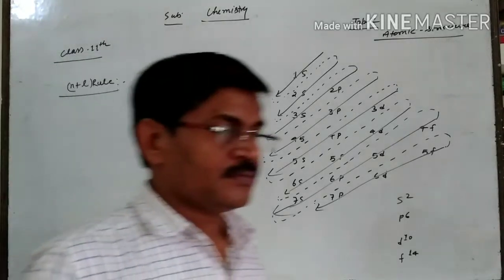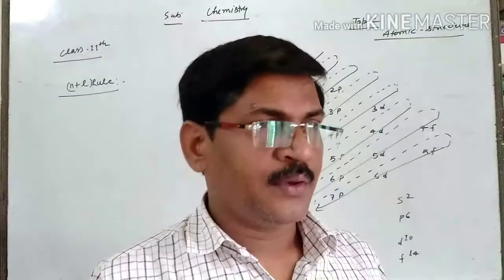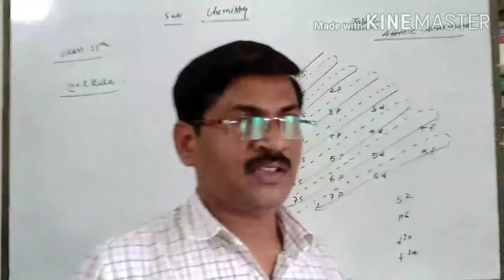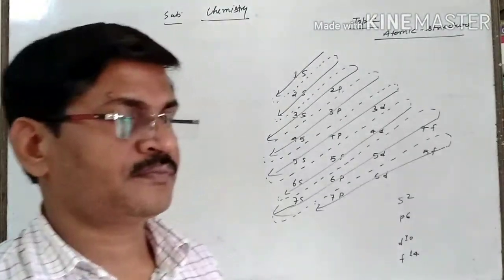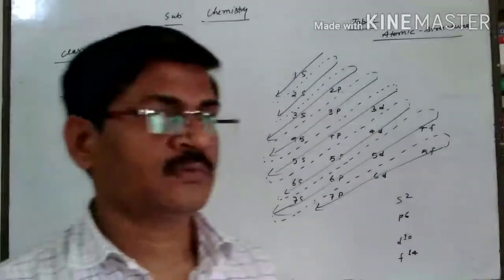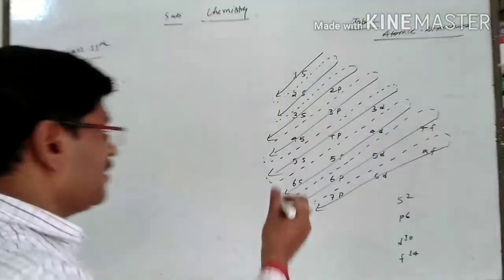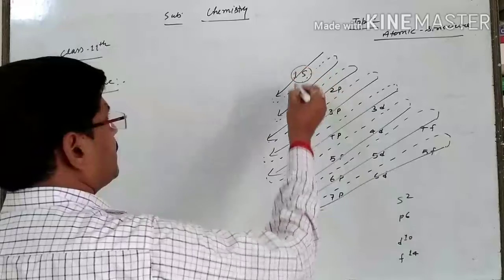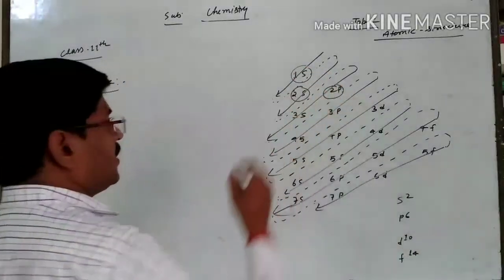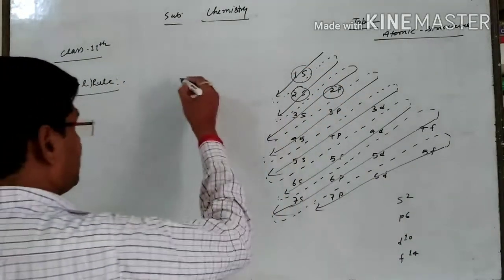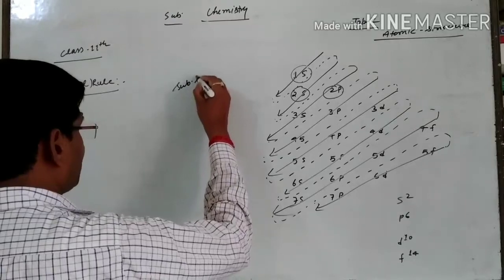What is the N plus L rule? If you are going to fill up the electrons, then you have to follow this also. According to this rule, you have the subcells 1s, 2s, 2p.